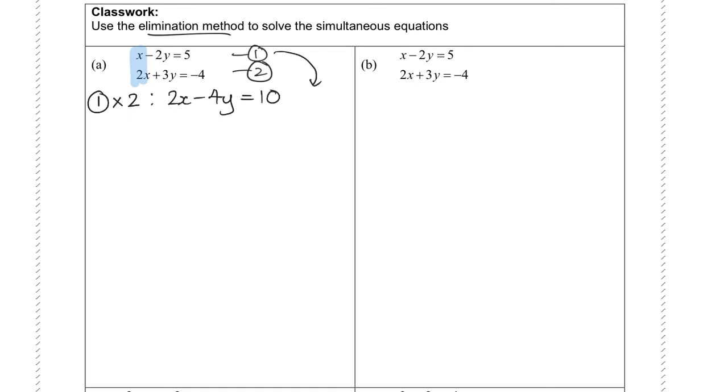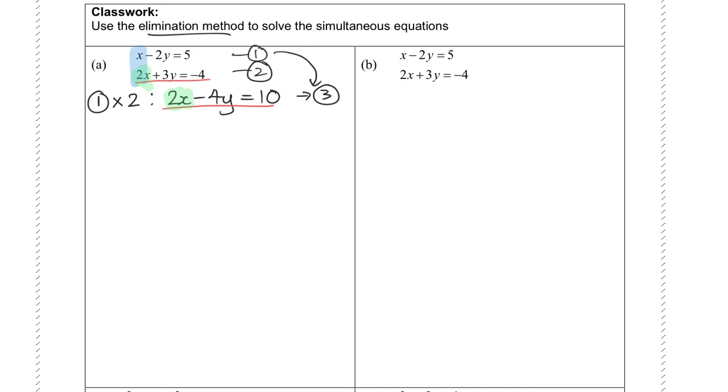So as you can see, equation 1 now becomes a new equation 3, and I just now compare and try to eliminate between equation 2 and 3 instead. Right now, you notice that the x values are the same, 2x and 2x, the coefficients, sorry.